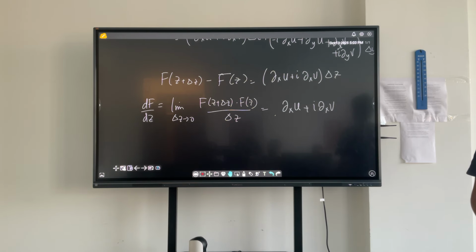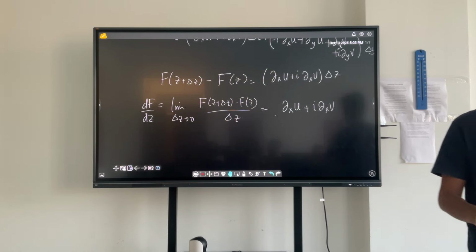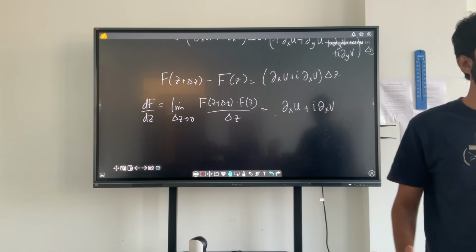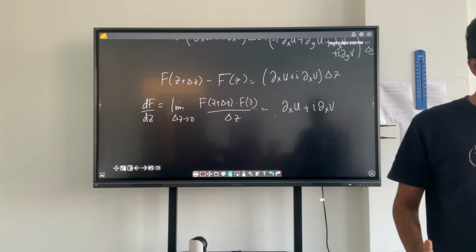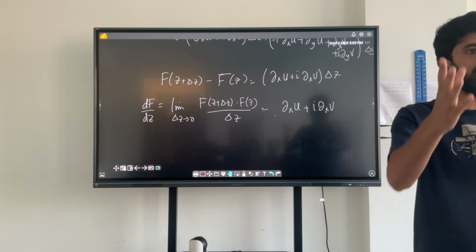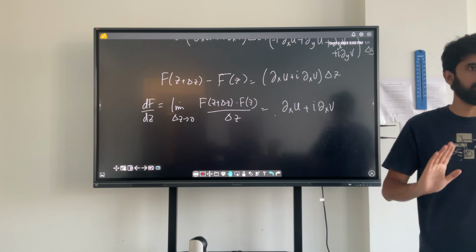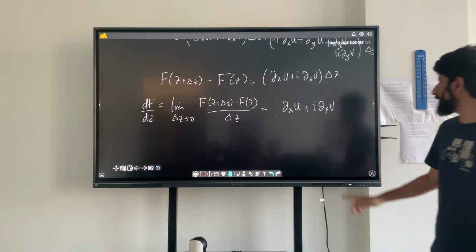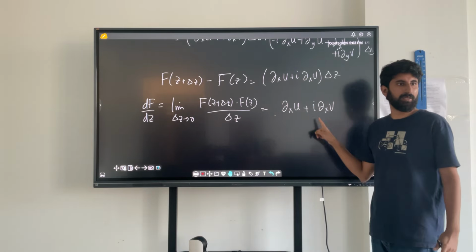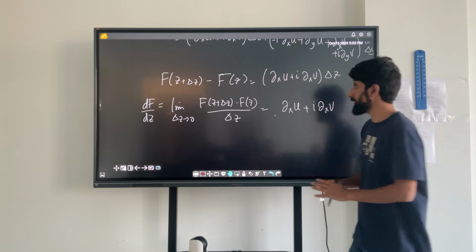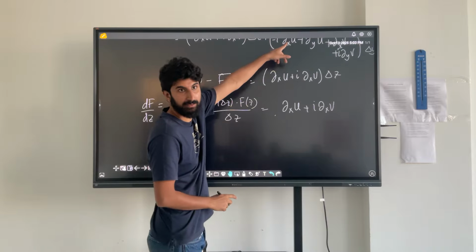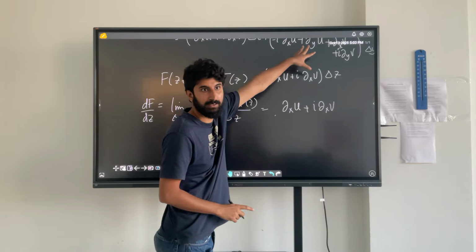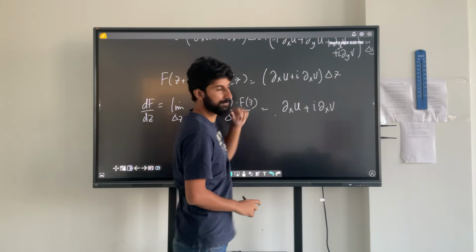If you have a complex function f of z equal to z square, what is df by dz? 2z. Just a natural extension. But there is another way of computing this, so let me quickly do this and then we will discuss this term.